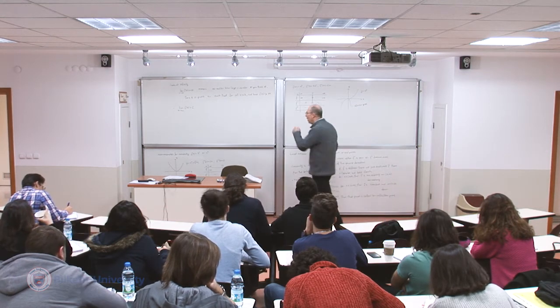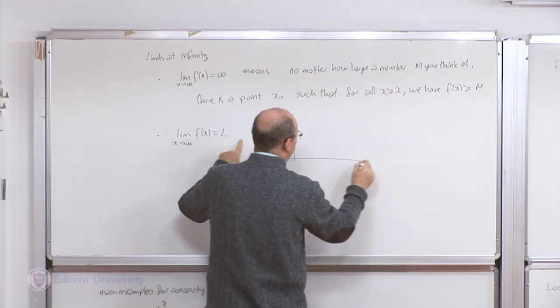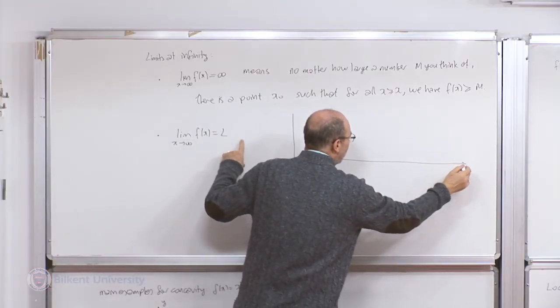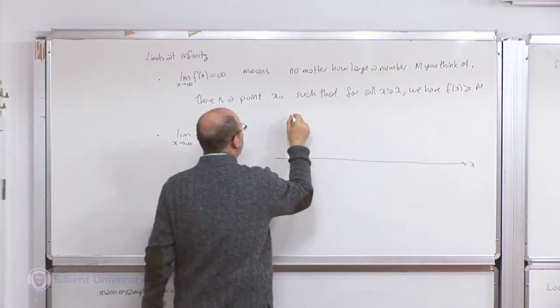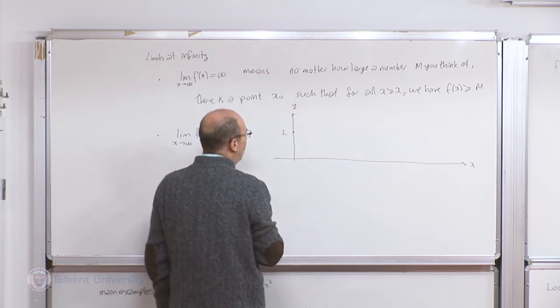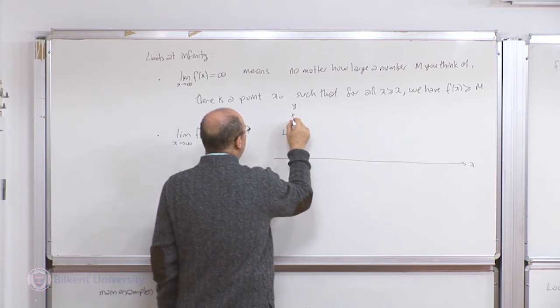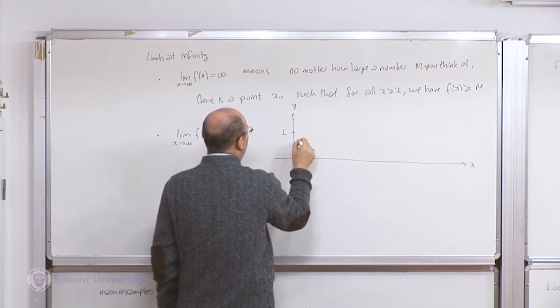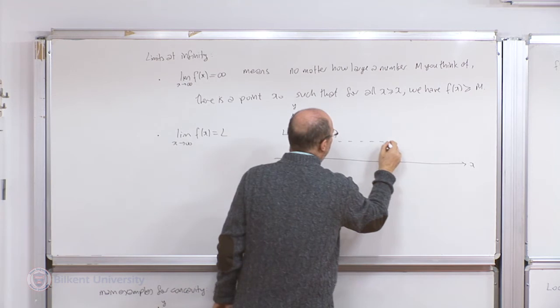So first let's draw a picture. We are going to infinity, so let's draw it like this. This is the y-axis, and we are saying that the limit will be L. So you can think of an interval around here.